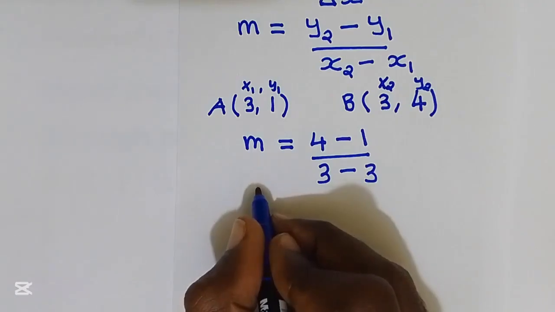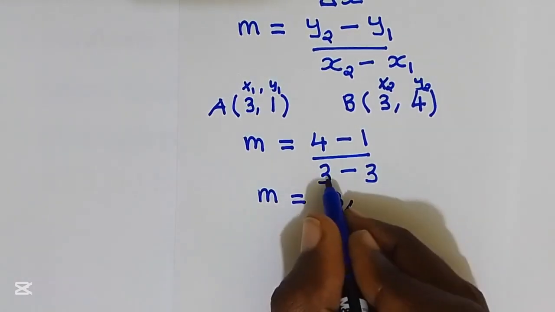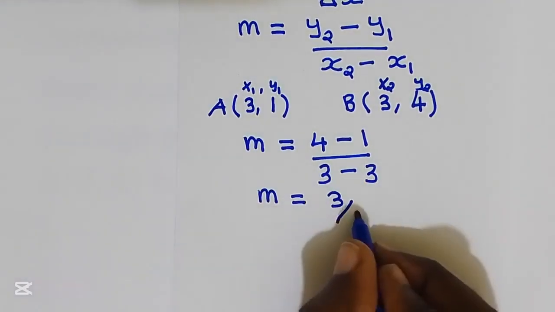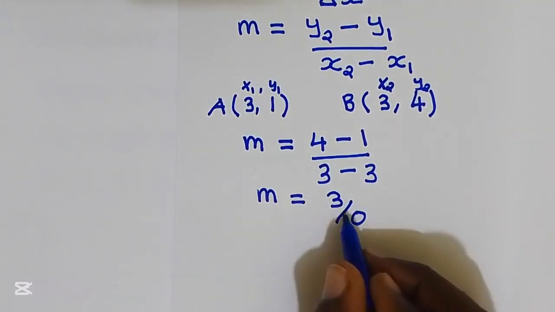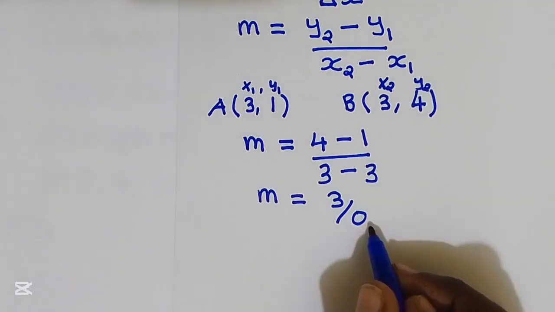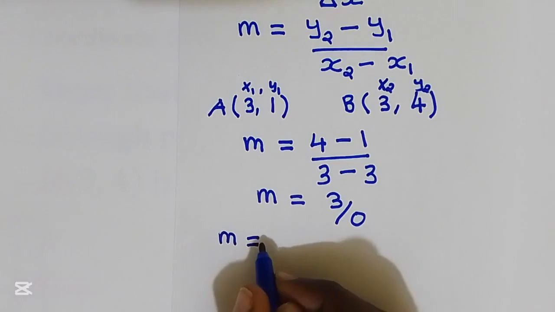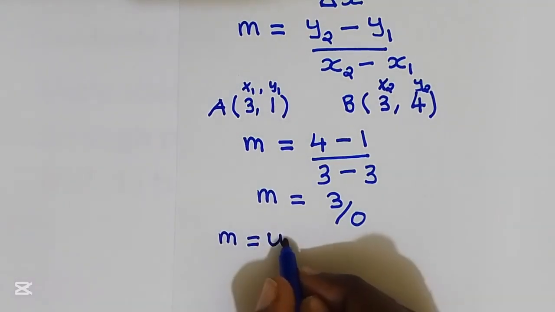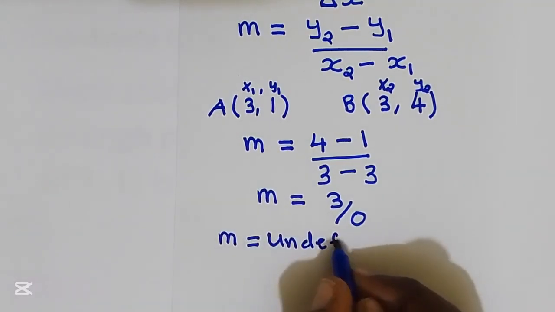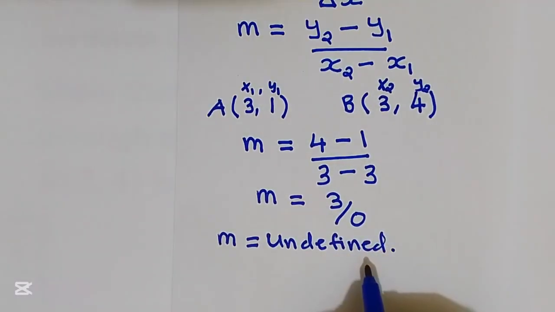This gives us slope is equal to 3 over 3 minus 3, which is 0. 3 over 0 is mathematically impossible or undefined. We can say the slope is undefined. This confirms that the line is vertical.